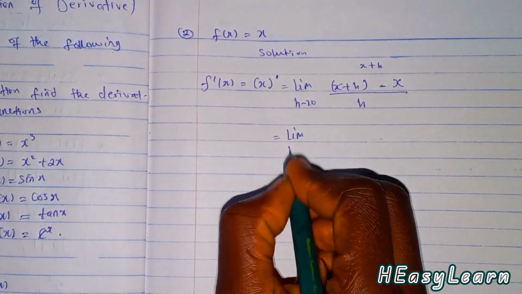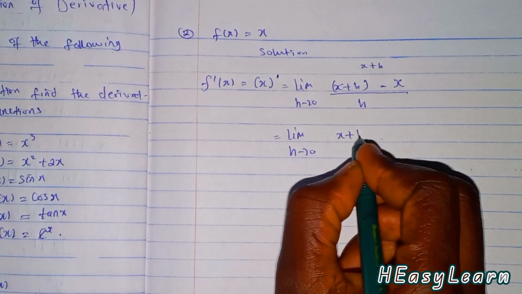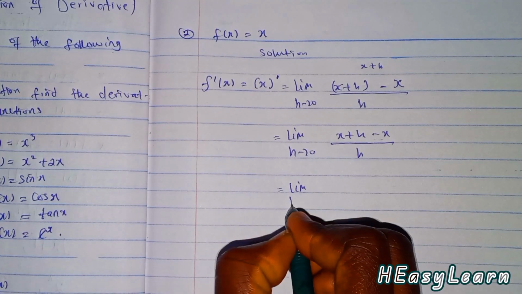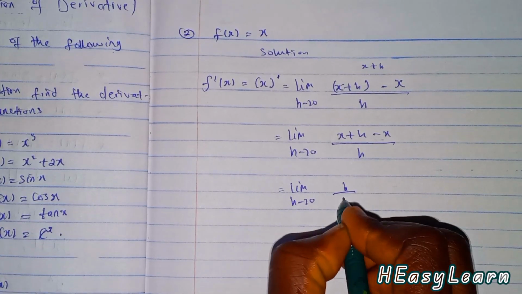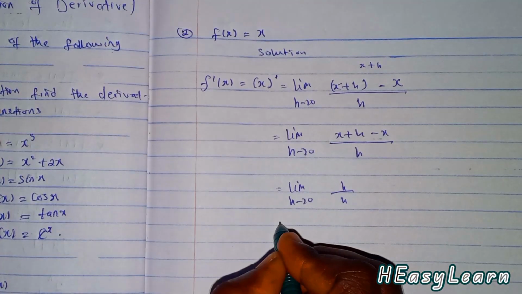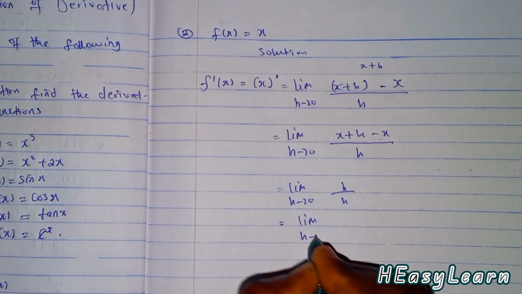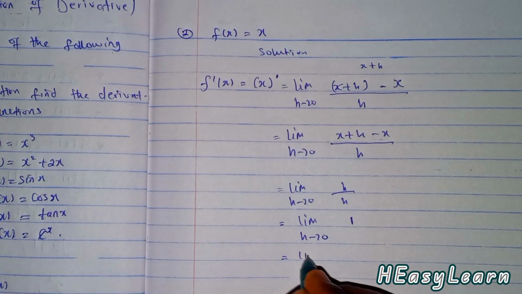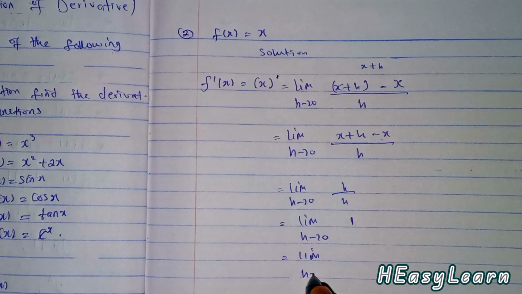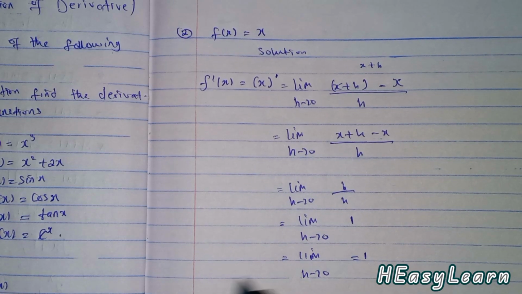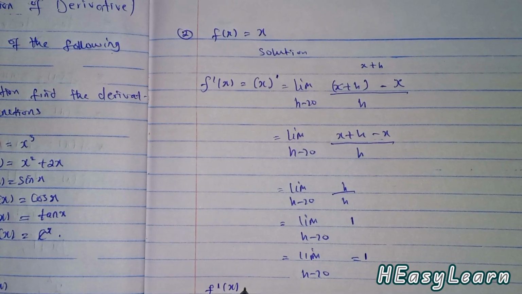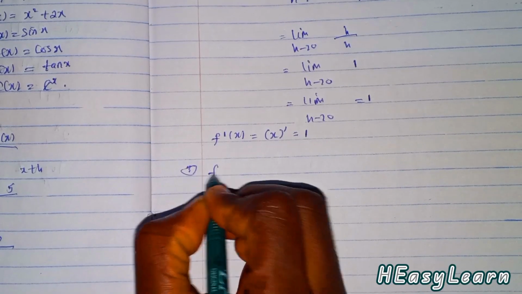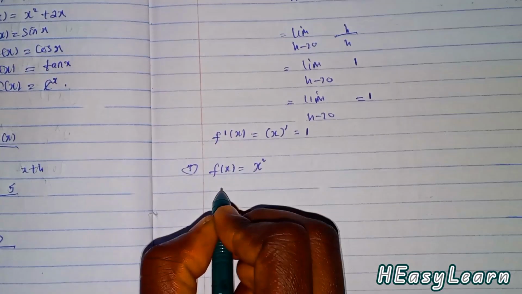The limit as h approaches 0 of x plus h minus x over h, which is h over h. This is the same thing as the limit as h approaches 0 of 1. The limit is going to be 1. So the derivative of the function is 1.